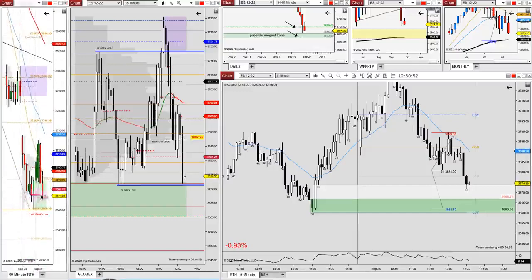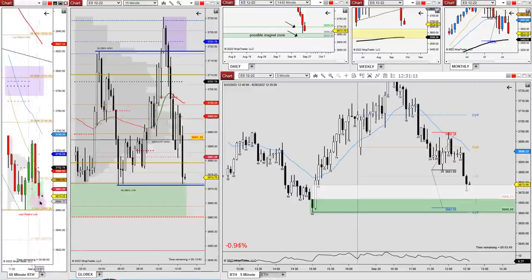That's a problem, because that's kind of a support area here. Now, bears want to break that, so they want to test what's underneath. But this hour has ended, so we have a new hour begin. So we might end up testing the last hour's low a little bit before going back up. So this could continue to come down here. I really want to become a buyer somewhere here.